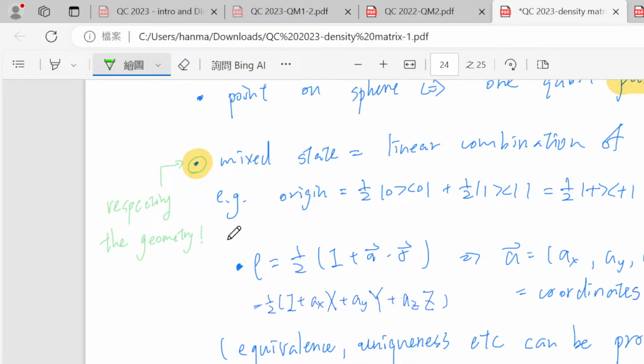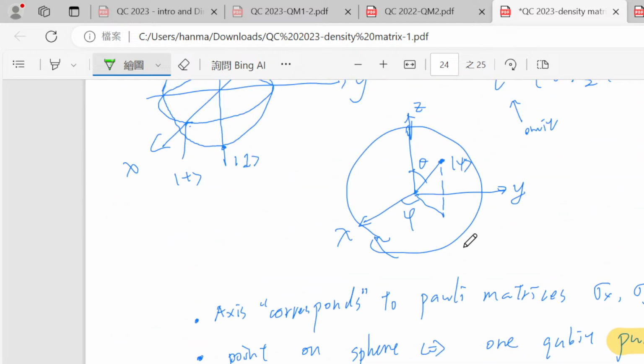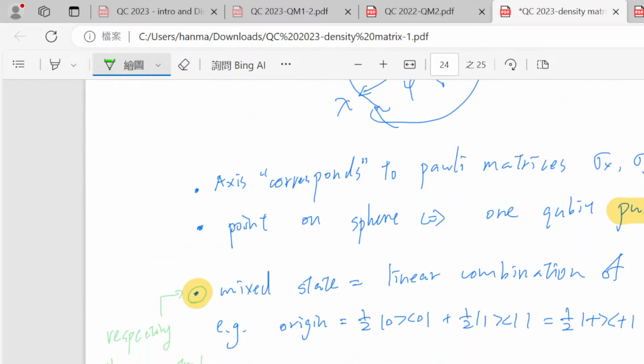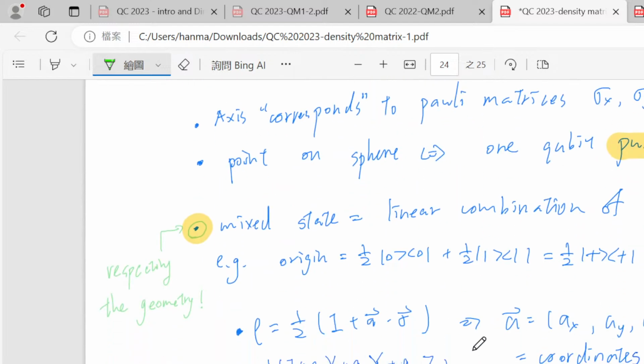And in a more general form, by definition, how we map every mixed state to something in the ball is that any density matrix we can write as identity plus some linear combination. Every density matrix we can write as one half identity plus a linear combination of Paulis.